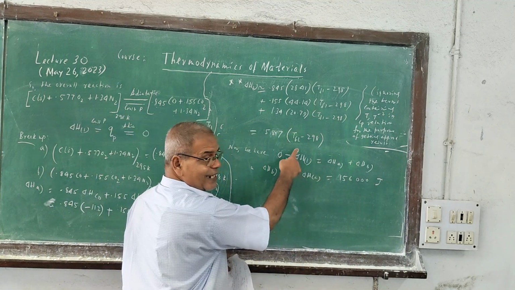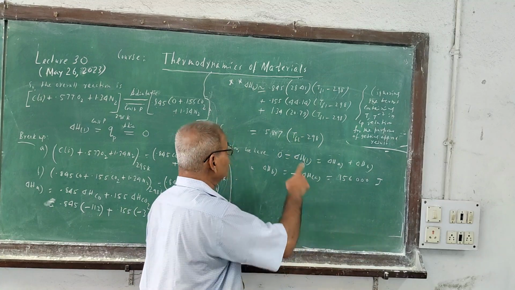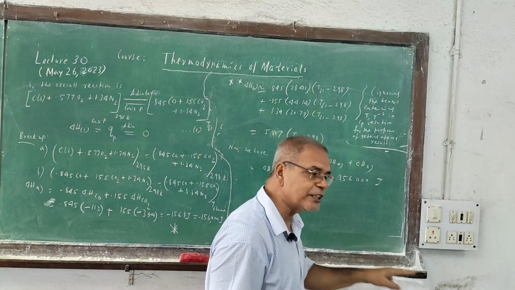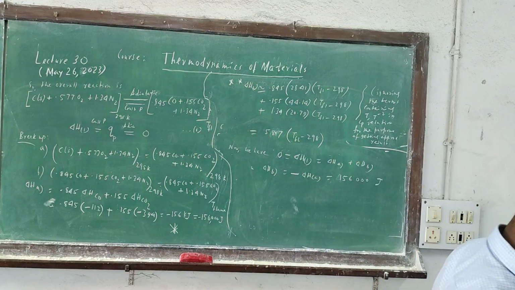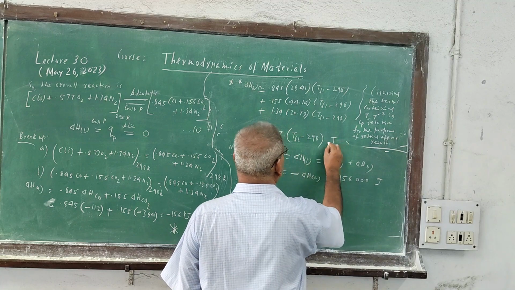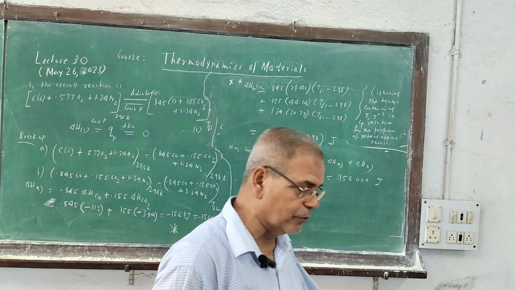And what is the unit? I have not written it. I forgot. See, these are the units where CP dt, CP unit, is given in joule. So joule integration gives joule. Per mole? Who said per mole?